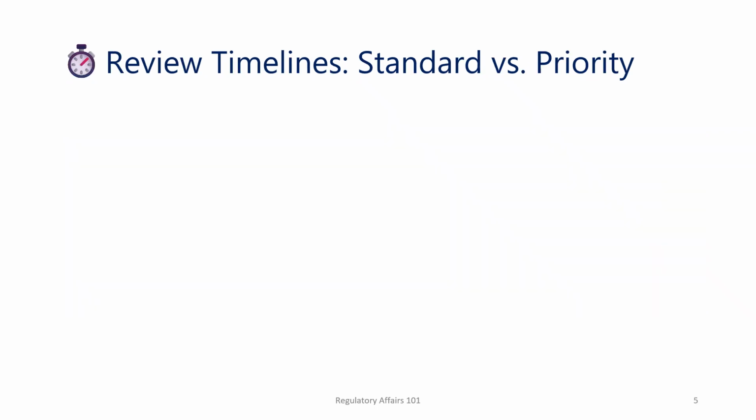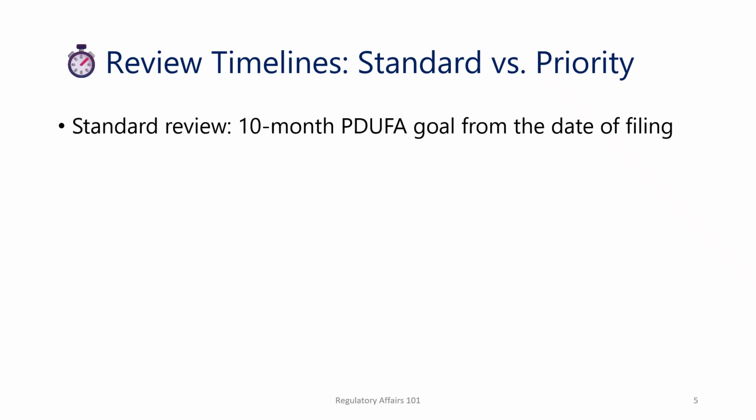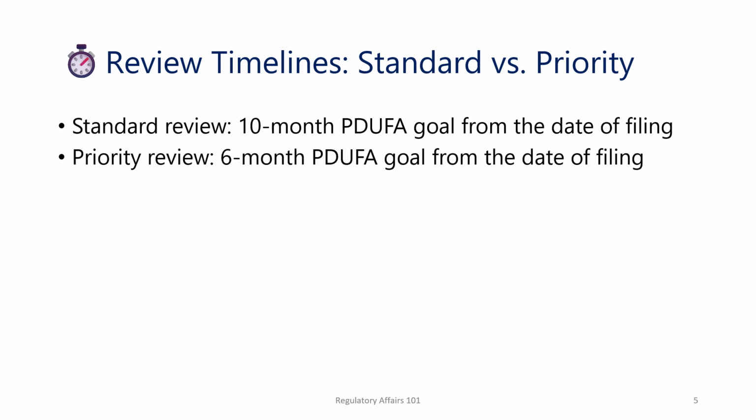Under PDUFA, FDA uses 2 main review timelines: standard review, 10-month goal; priority review, 6-month goal. Both timelines start from the date of filing, not the date FDA receives the application.